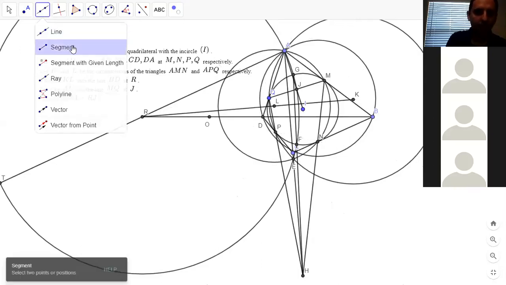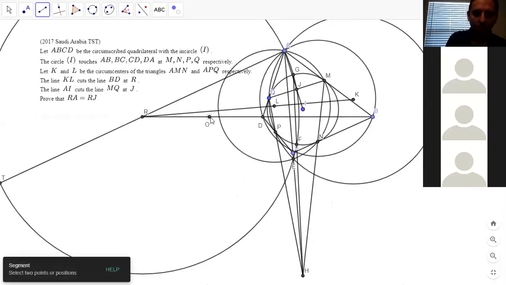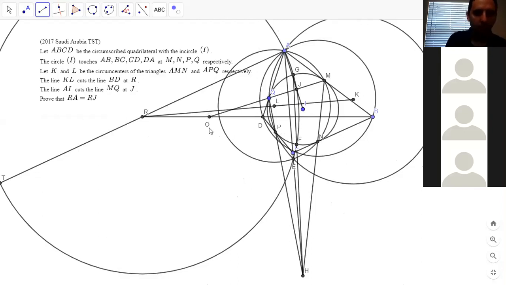Let's see. All right. So that might be useful because RGI is supposed to be like 90 degrees, right?